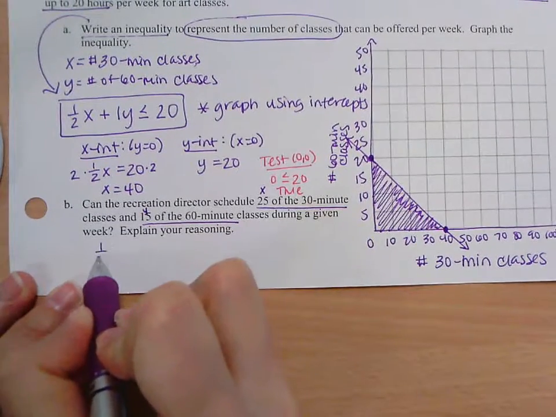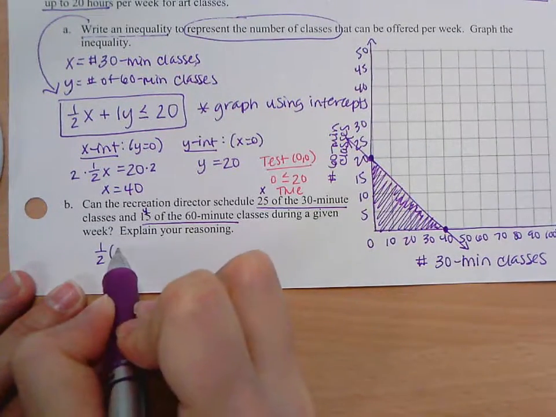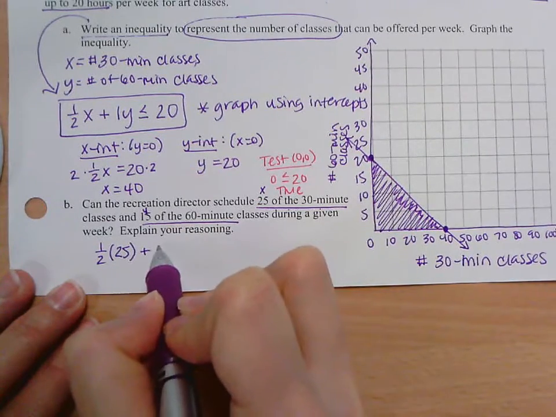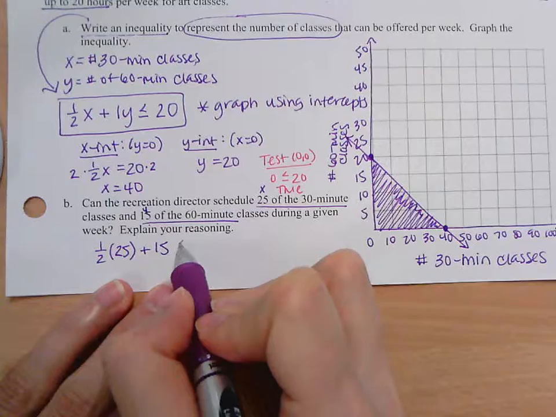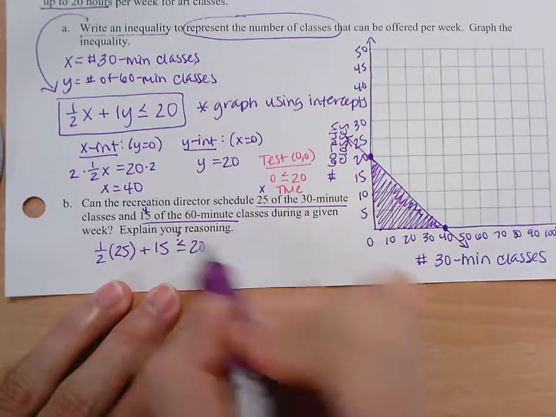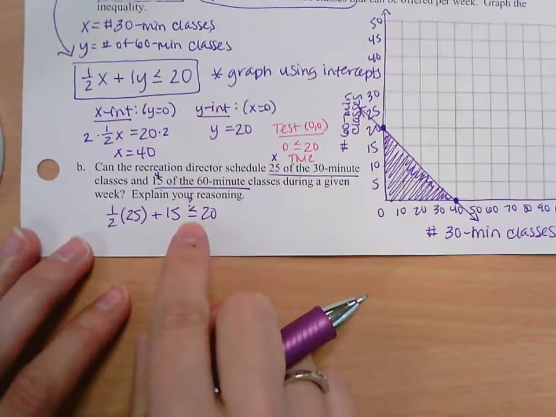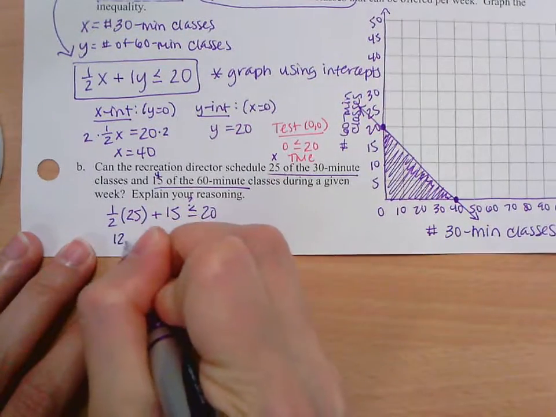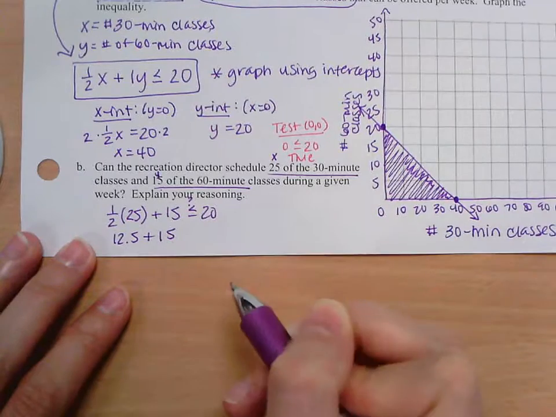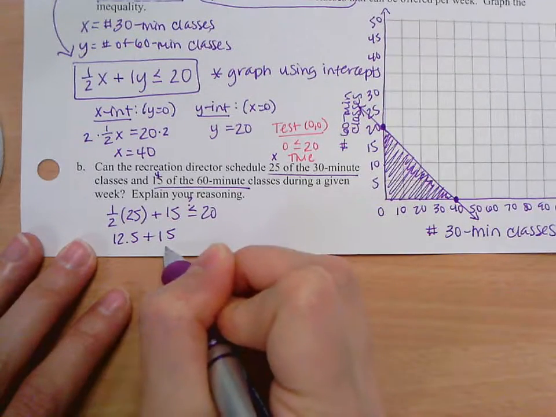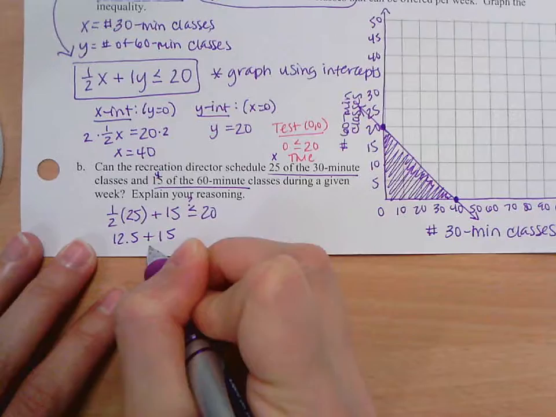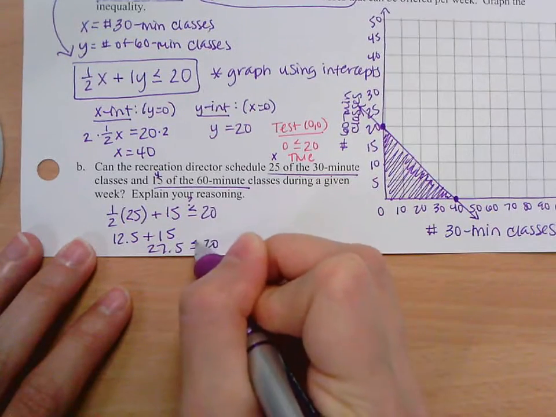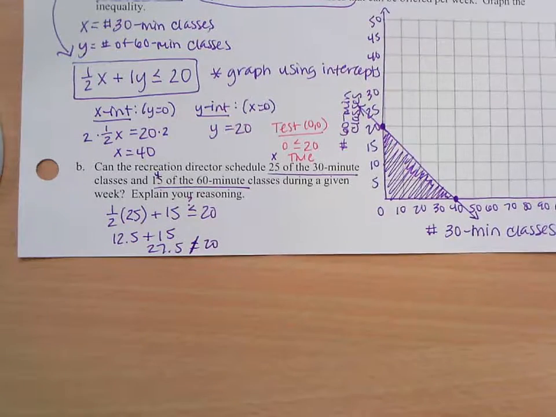So if we have 1/2 times 25 plus 15, we could see if it's less than or equal to 20. So this would be 12.5 plus 15, which is actually 27.5, which would not be less than or equal to 20.